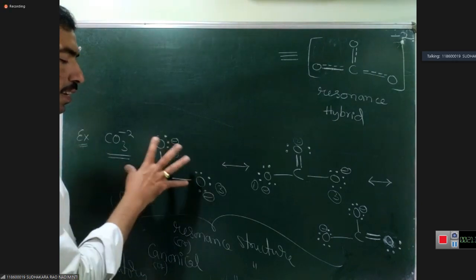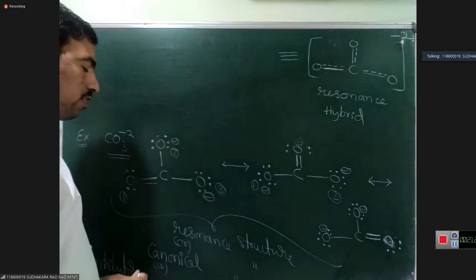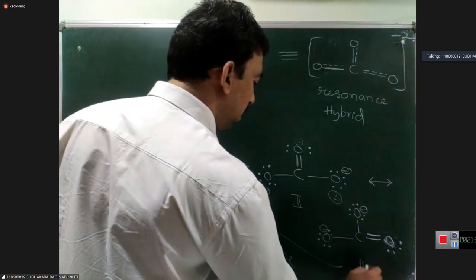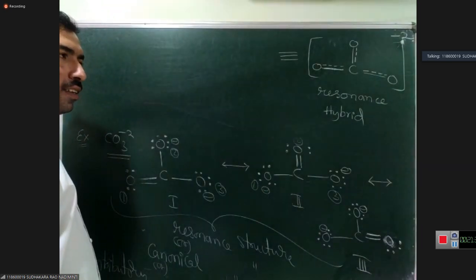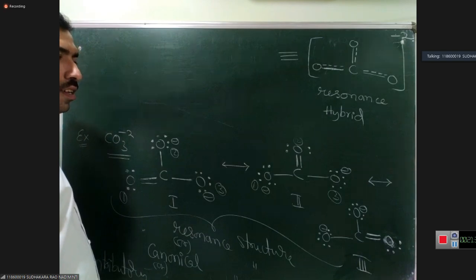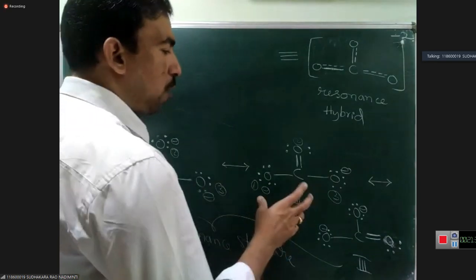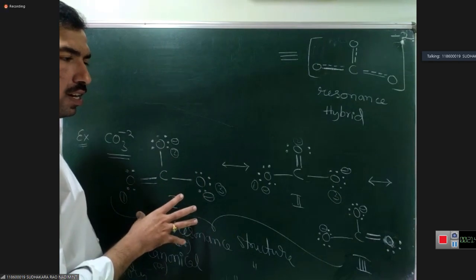How much percent each contributes: for example, in the three resonance structures, this is resonance structure 1, resonance structure 2, resonance structure 3. Among all the resonance structures, all of them are equally stable here. But in general we have to say which resonance structure is stable.